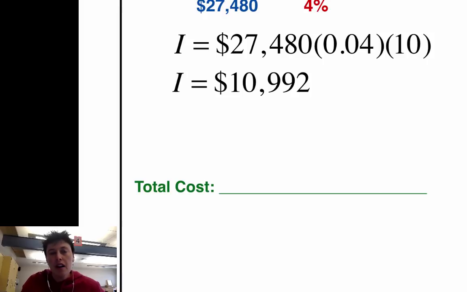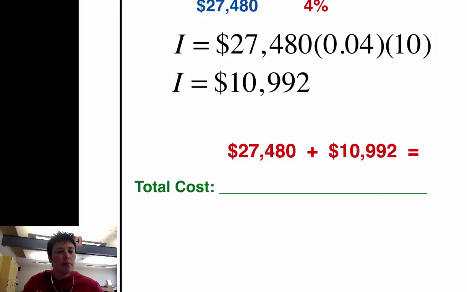So below all of this work, I'm going to write total costs. The actual cost of that car is the sticker price, $27,480, plus the extra you're going to pay the bank back, $10,992. Now, if we add those numbers together, that's the actual price that you're paying for this car. And in this case, it'd be $38,472.